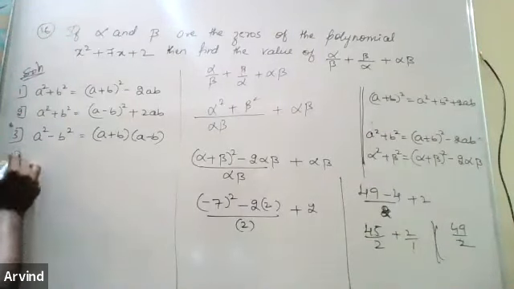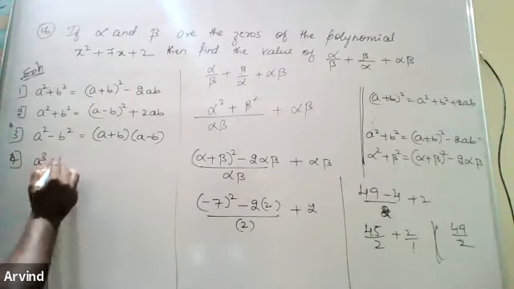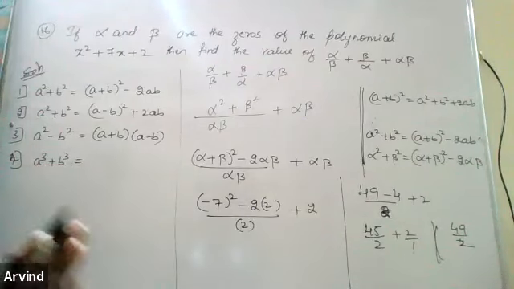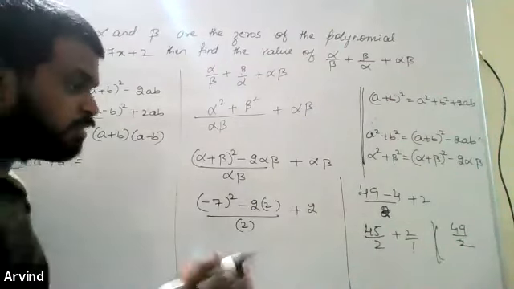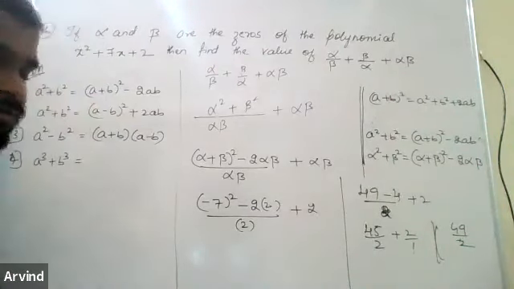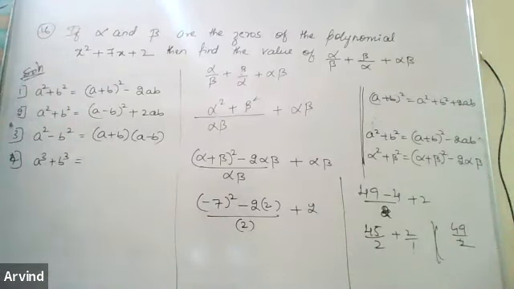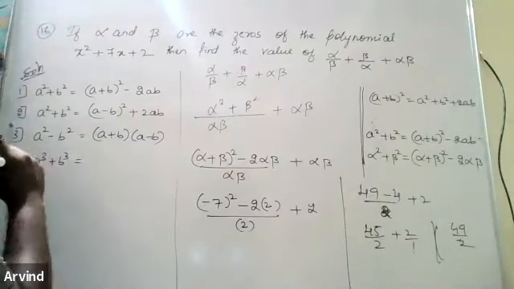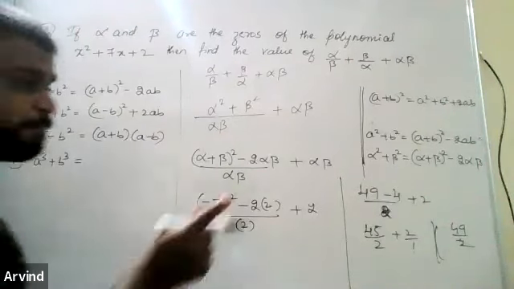You would have learned it. a cube plus b cube, did you learn it? Yes, definitely 100%. CBSE people will definitely have it. What was the a cube plus b cube formula? A cube plus b cube 3ab. No, that is a plus b whole cube.